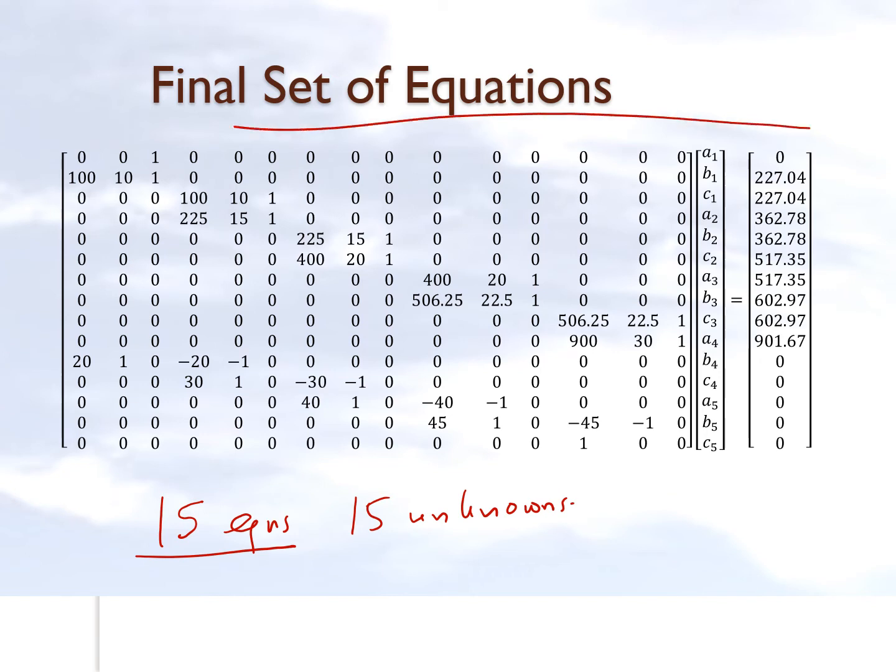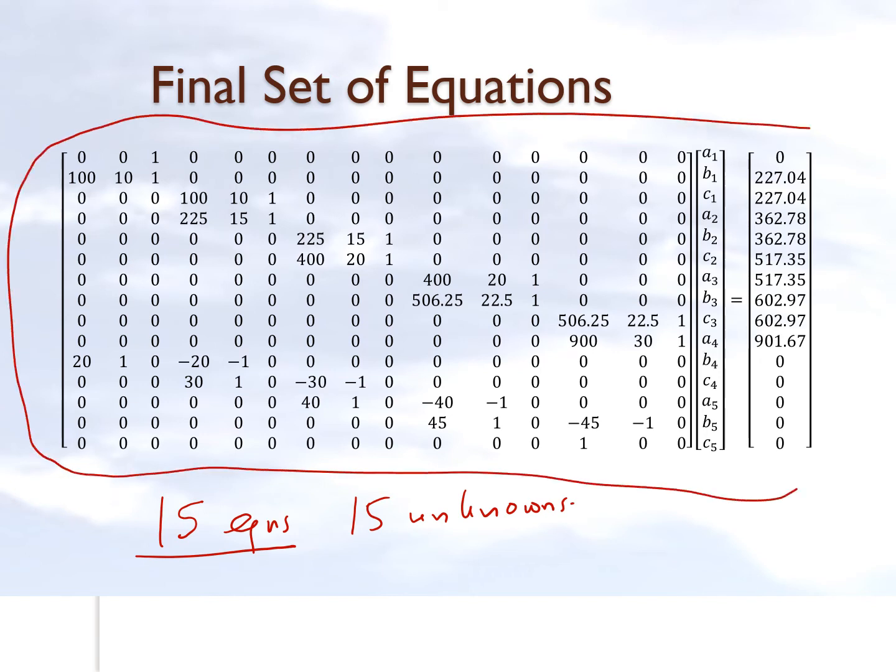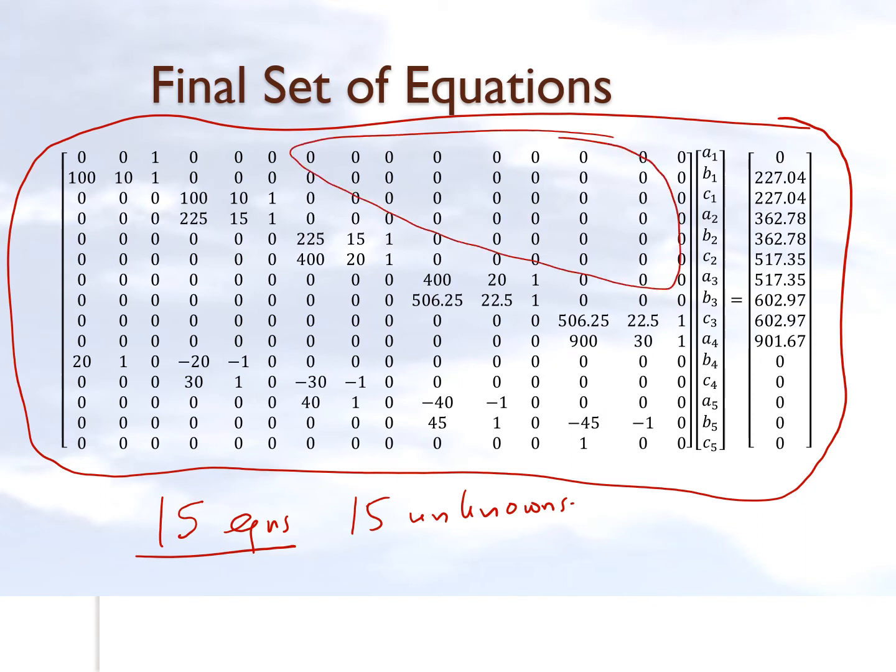So here we are taking all those 15 equations and putting them in matrix form, because you want to solve them in matrix format to be able to make any sense out of it. You can also see that this coefficient matrix right here is very sparse.